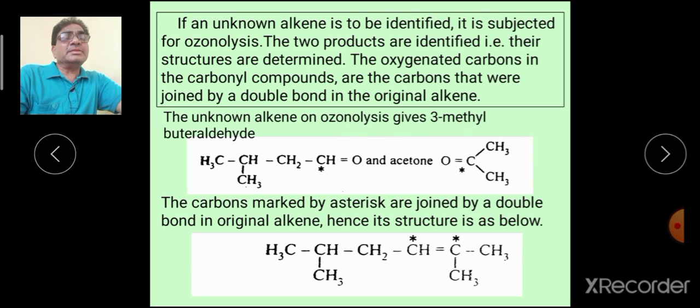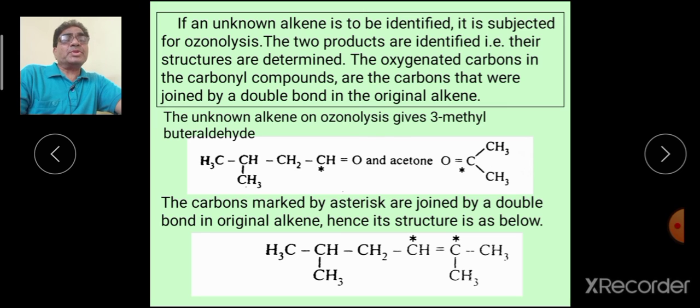Okay, this is the product of oxidation. This is aldehyde while this is a ketone, and therefore as oxidation is carried out here, this carbon atom and this carbon atom must be linked in the original compound with a double bond.